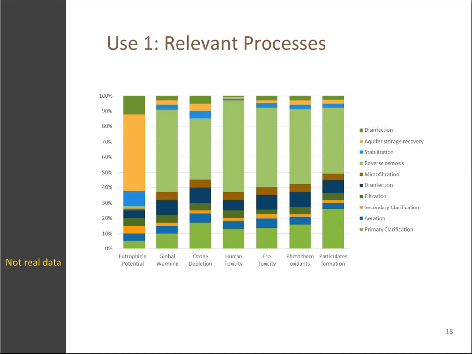So that could help you to reinforce that reverse osmosis, in this case the light gray, is one of the main processes that needs better care, which actually contributes the most to the rest of the impact categories. That could be one relevant conclusion.